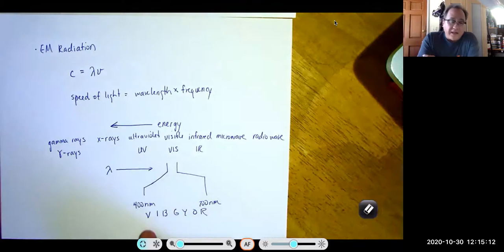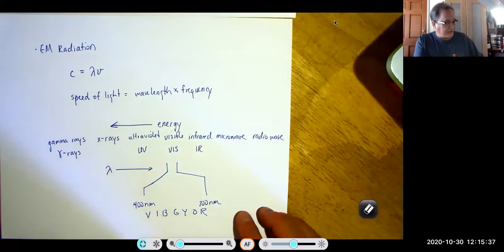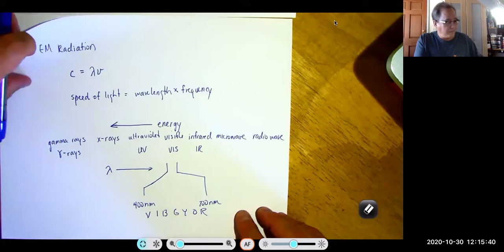V stands for violet, I for indigo, B for blue, G for green, Y for yellow, O for orange, and R for red. The difference between indigo and blue is like indigo is a really deep blue, and blue is more like a sky blue. So indigo and blue are, to me, different shades of blue, but apparently they're different colors. I'm just not that good at that kind of stuff.